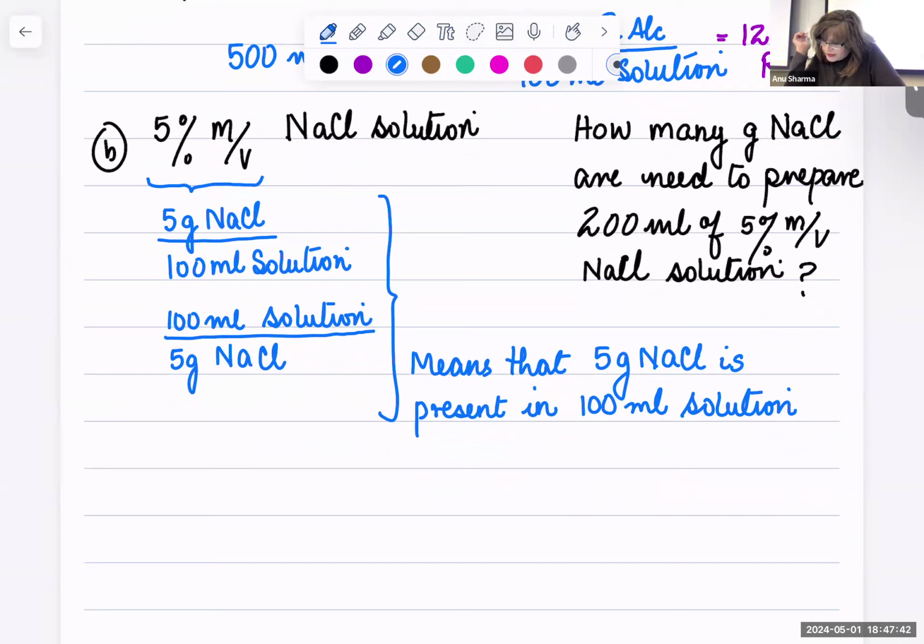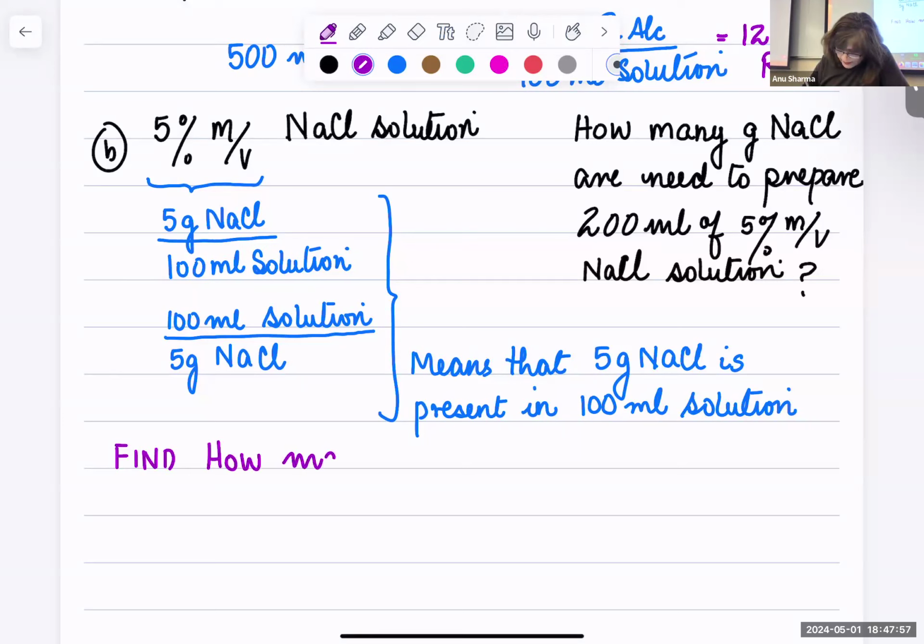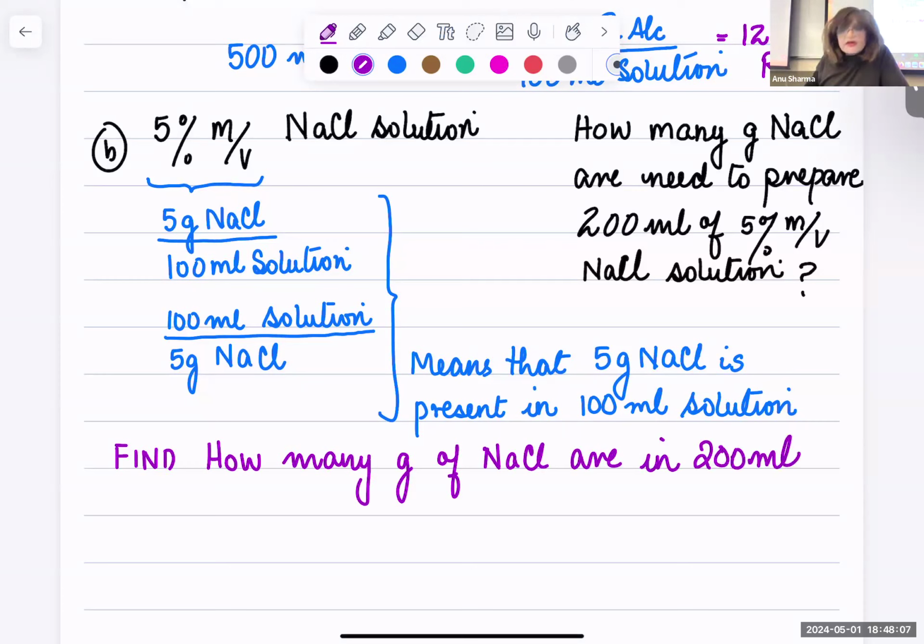So we are going to first find out, the same way you will do, how many grams of NaCl are in 200 milliliters of 5% mass by volume salt solution.